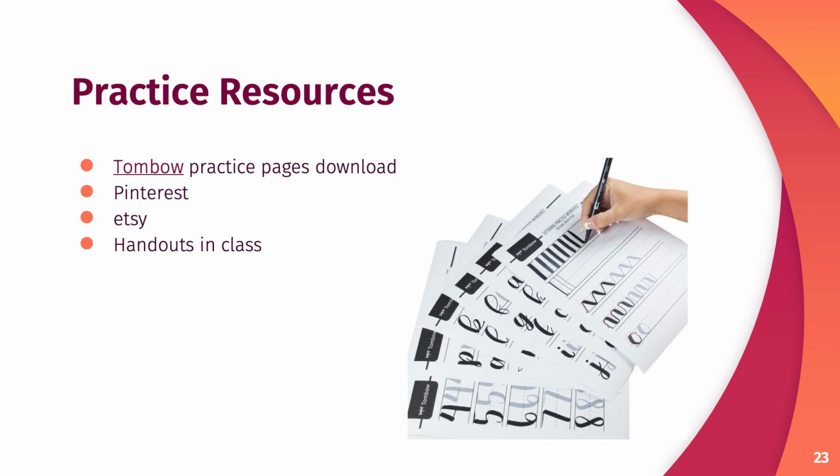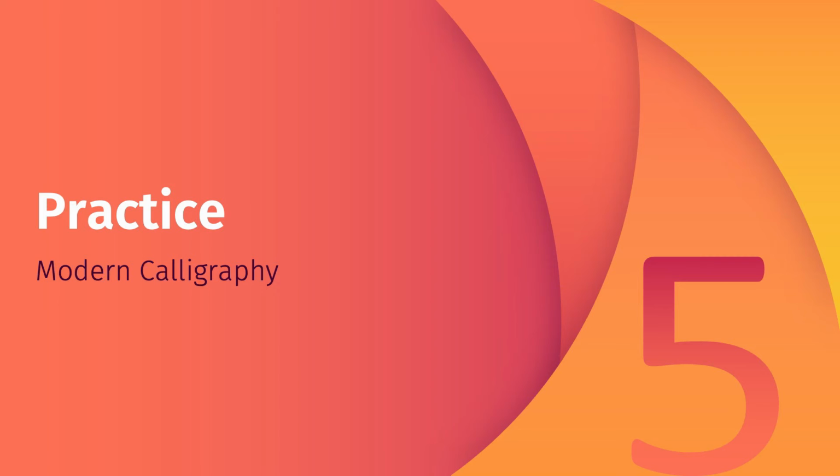So after we talk about the practice resources and how to use them, we would actually take the time to do the practice. And since I would be facilitating this lesson live, I could have the participants working on their practice sheets, and then I can go around the room and check on everybody and see how they're doing and give them feedback, or help them make those thin and thick marks if it's their first time, and learn that pressure of the brush pen and how they can recreate those marks for themselves.